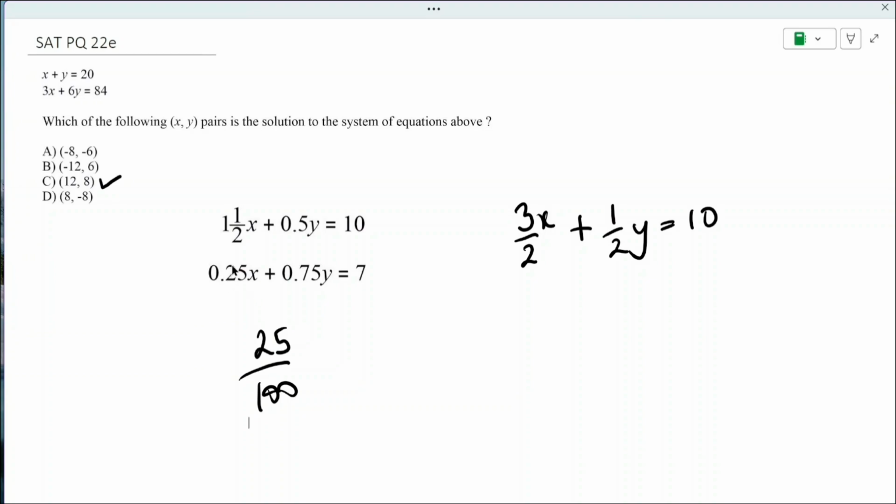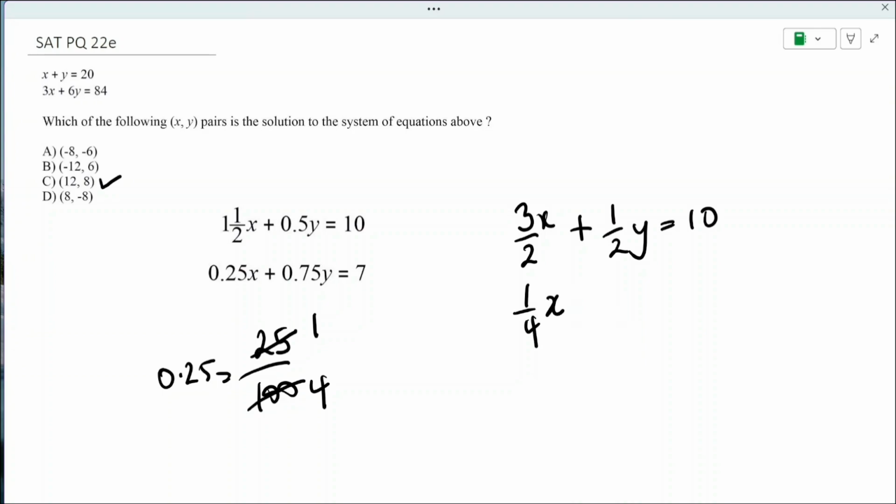So we move 1, 2. And moving 2 steps makes it over 100. If you move 3, it will be over 1000. So you have 0.25 as 25 over 100. In its simplest form, you can say 25 in 25, 1, 25 in 100, 4. So 0.25 is the same thing as 1 over 4.